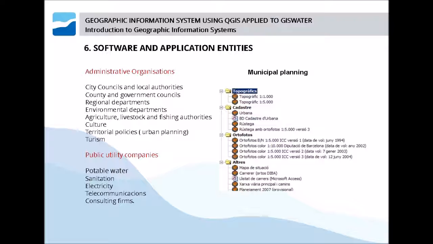And listing some of the entities using geographic information systems, we can see administrations and municipalities, county councils, local economic departments, for environmental issues, agriculture, cultural issues, political and territorial company services, for drinking water, providing consulting services to other companies or organizations. Here we have some examples where they use geographic information systems in potential areas.